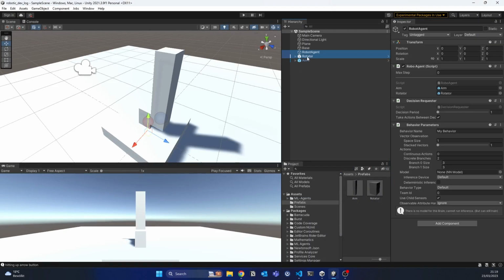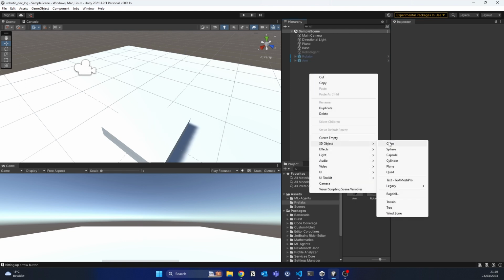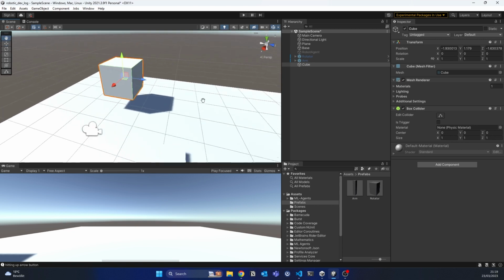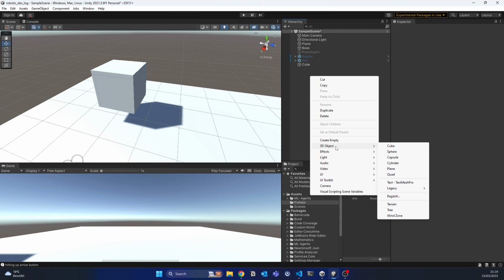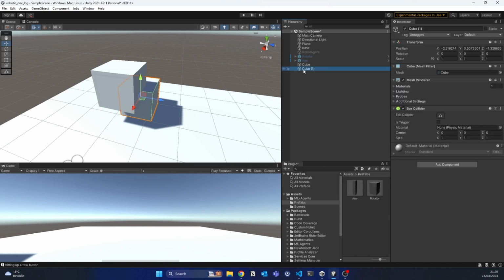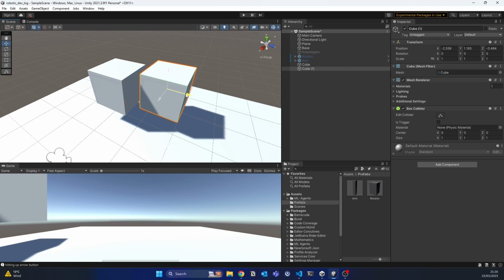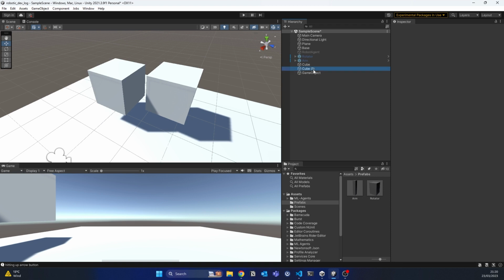So let's say we don't have any of these things here in our scene. We just have a cube like that, and we also have a cube like that. I don't know, let's just put it here, and let's say this is our game object.